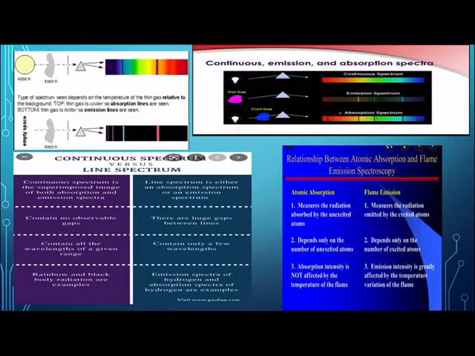Let us see the difference between, first of all, line spectrum and continuous spectrum, and between the line spectrum emission and absorption themselves. For example, look here: 5,000 Kelvin, the background 6,000 Kelvin. Here down we have 5,000 Kelvin, background empty space. So the type of spectrum seen depends on the temperature of the thin gas relative to the background.